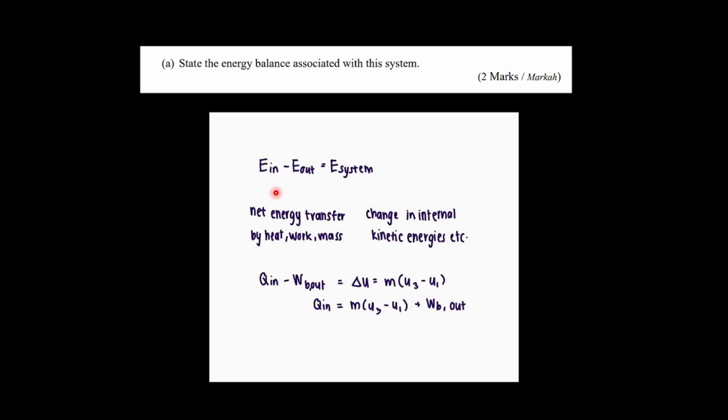As we know, the general energy balance is E in minus E out equals the change in E system, which is the net energy transfer by heat and work and mass, and the change in internal, kinetic, and potential energy. So for this question, we have Q in minus the boundary work out equals the change in internal energy, which equals mass times internal energy 3 minus internal energy 1. So Q in equals mass times internal energy 3 minus internal energy 1 plus boundary work out. So that's all for question A.